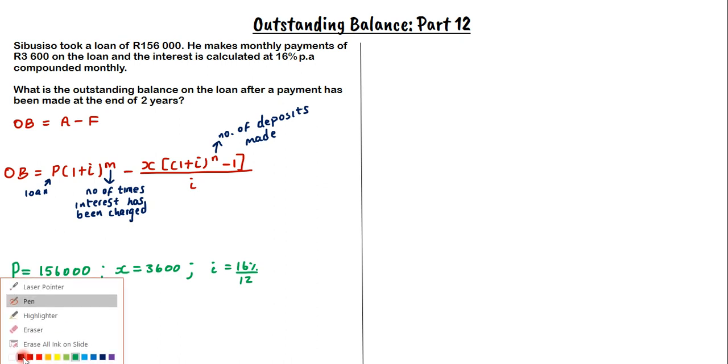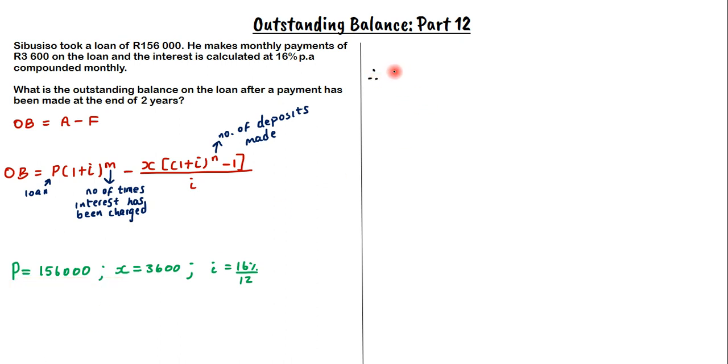Now we're going to substitute the values. The outstanding balance is 156,000 rand into 1 plus 16% over 12.